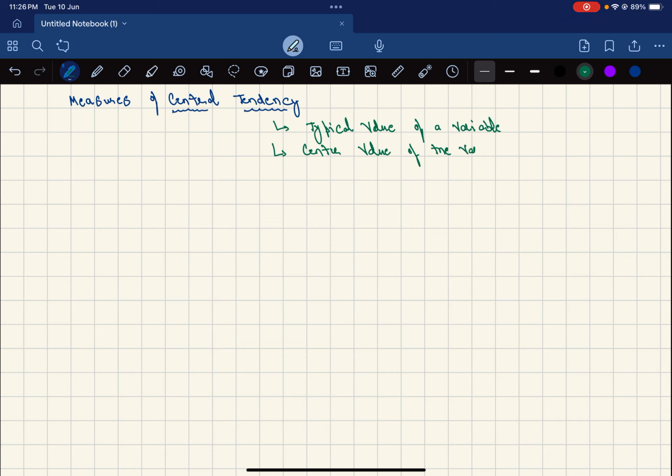This is actually a very similar concept to what we studied while looking at the expected value of different distributions, or the average value. So this can also be said to be an average or expected value of the variable.